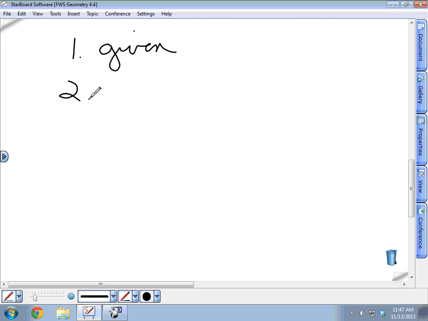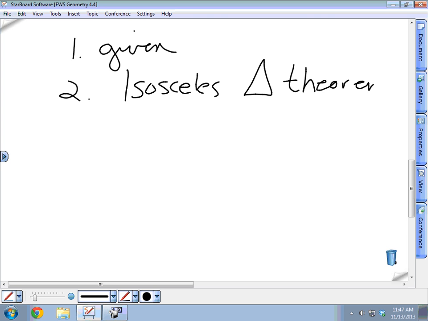Michael, I have angle B is congruent to angle C. Is it the isosceles thing? Yeah. Isosceles triangle theorem. Because that says if you have two sides that are congruent, the opposite angles are congruent. Step 3, angle B is congruent to angle 2.